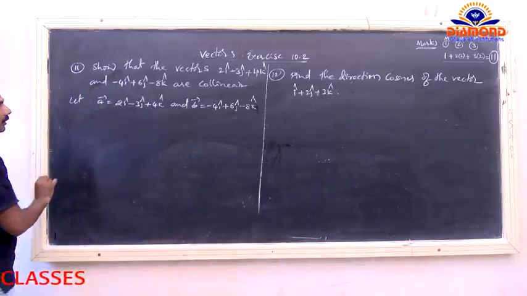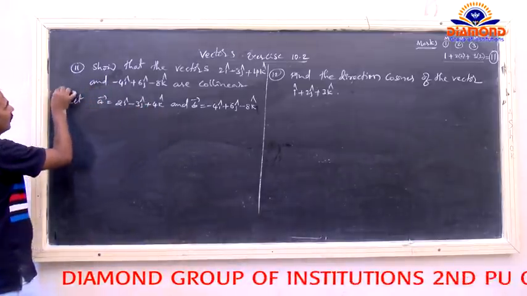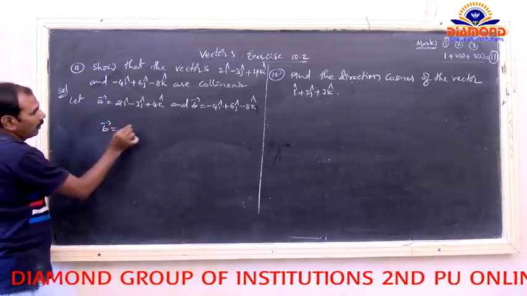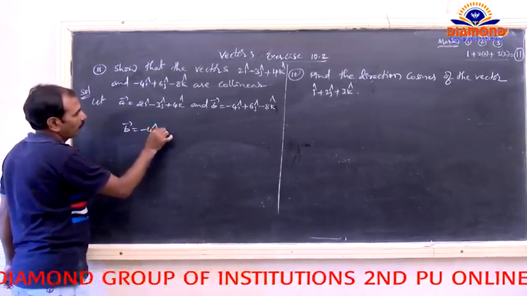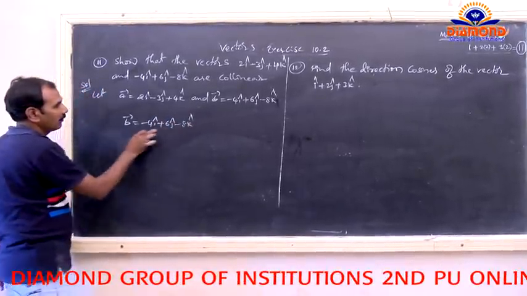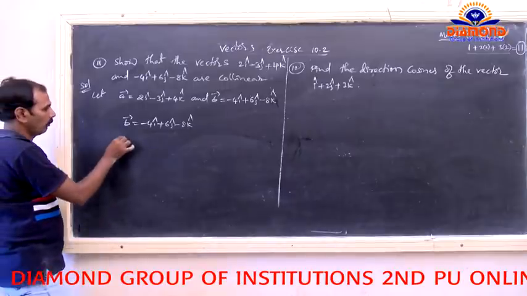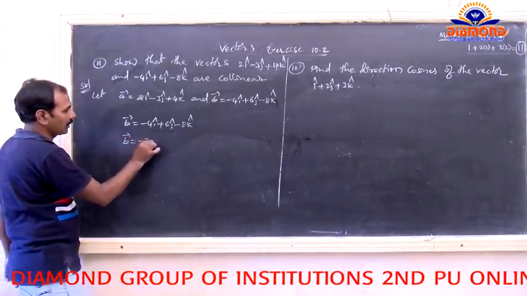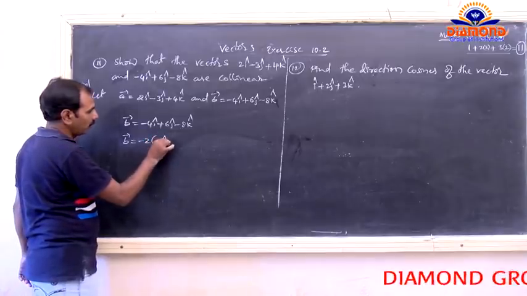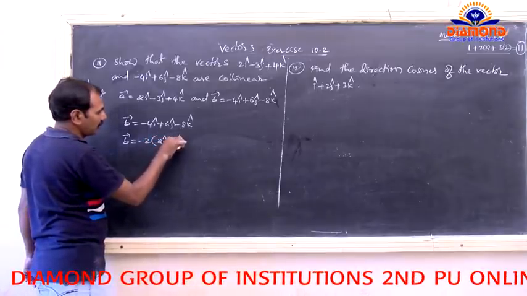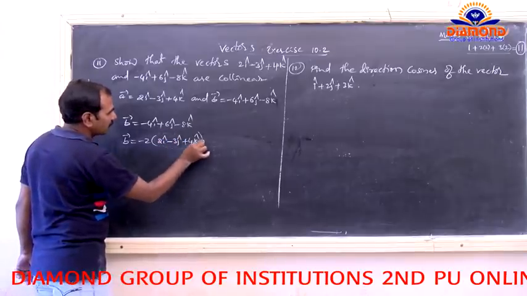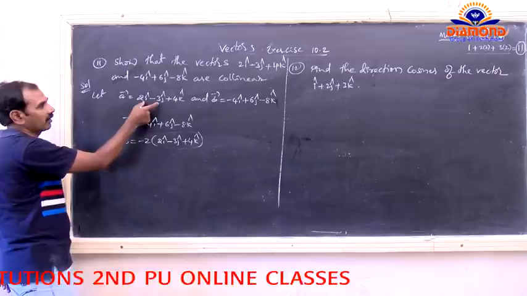Collinear means first you take the b vector here: b bar equal to minus 4 i cap plus 6 j cap minus 8 k cap. What value is common here? Minus 2. So b bar equal to minus 2 times 2 i cap minus 3 j cap plus 4 k cap. This vector is the a vector.